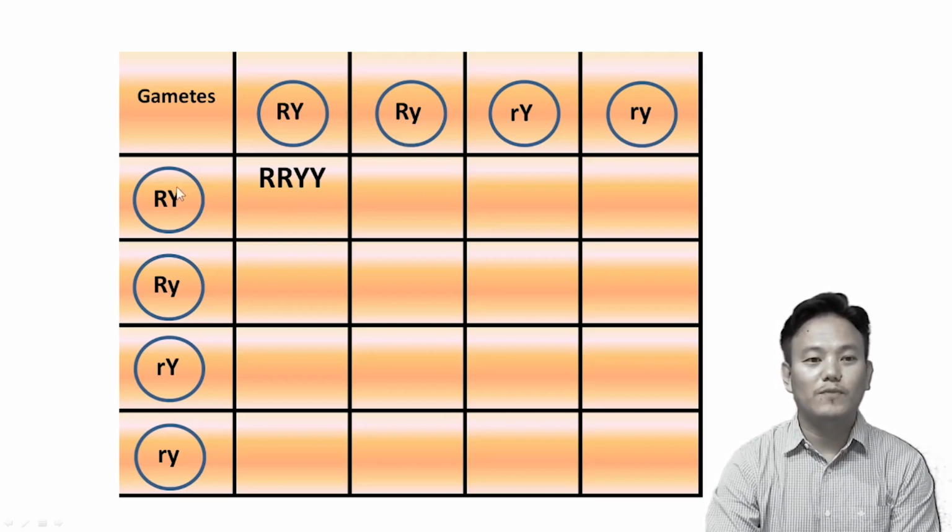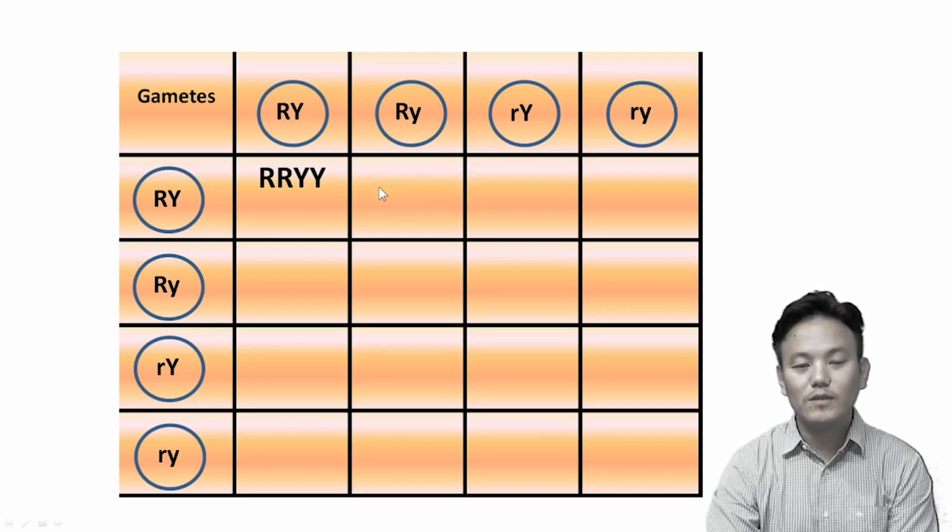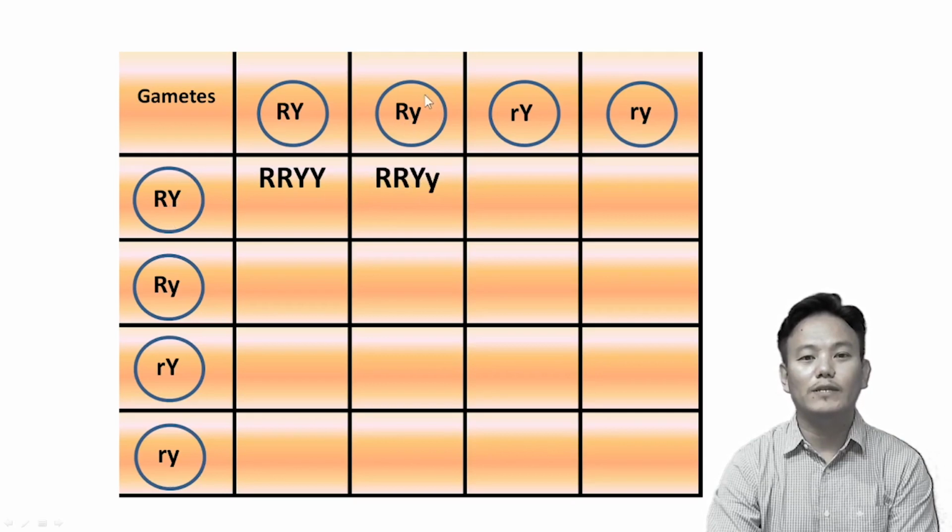What about this one? This particular gamete can fertilize with this one as well. This pollen can fertilize this particular egg. There is a possibility. So what will be the result? Two capital R and one capital Y and one small y. Now here you have to remember that the small letter or the recessive allele has to be always written after the dominant allele.